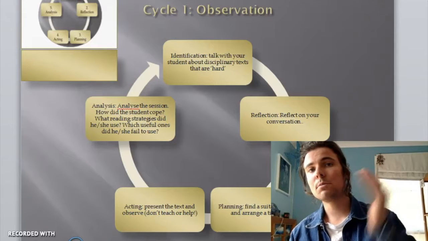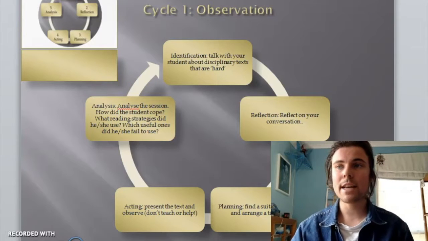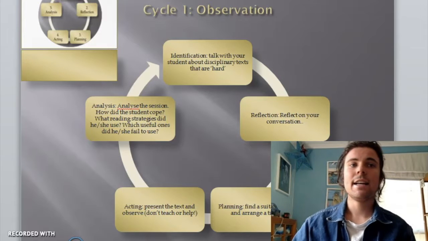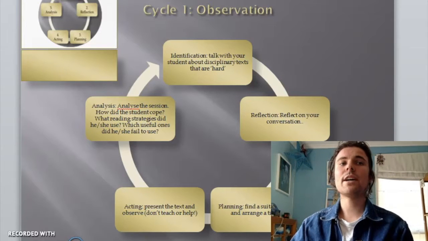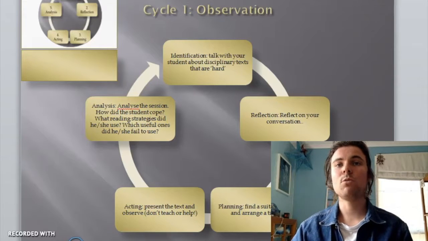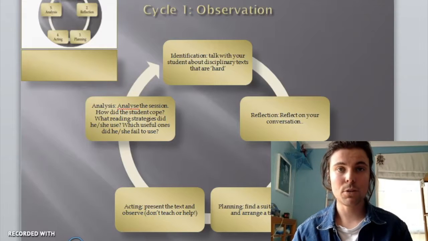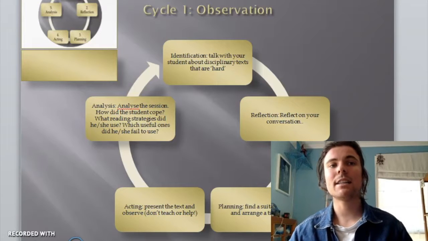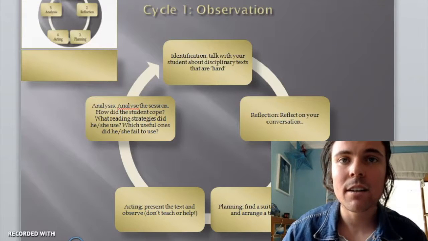On my observation phase, I used the cycle that was presented in one of the lectures at the beginning of the semester, that you can see right now. I gave student X the choice between the texts that he brought in. With little actual thought, he picked the SOSE book, and we read a chapter that he had begun in class about the Japanese Shogun era.